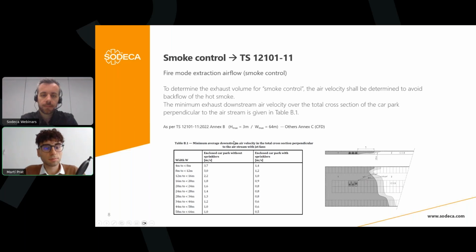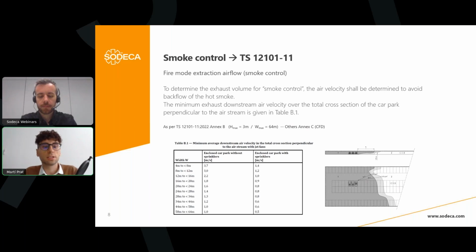This system implies having a calculation not based on ratios, but based on airspeed through the section of the car park. So based on the width of the car park, we get an airspeed, with a difference depending on whether the car park has sprinklers or not.